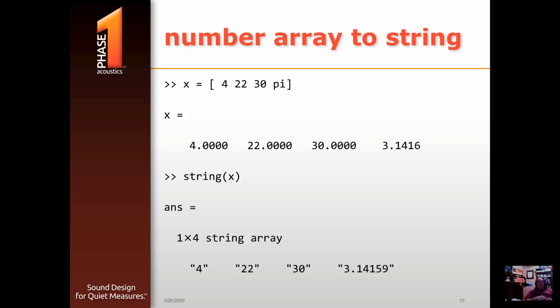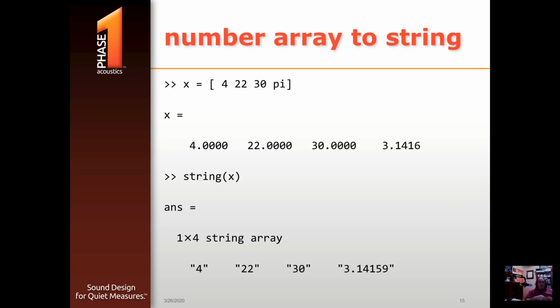The string function also converts numerical values to strings. So I have a numerical array. Just to keep things interesting, I use the constant pi. Don't look at it too quickly and say, well, pi is a character, or pi is a string. No, pi is a constant in MATLAB, so they're all numerical values.